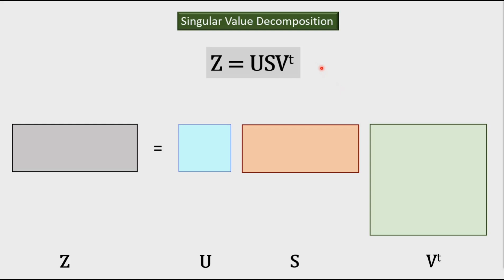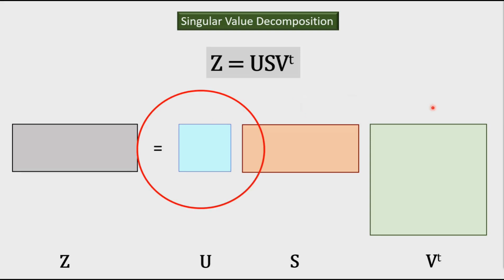Now, singular value decomposition applies to any matrix, regardless of whether it's long in the horizontal direction or in the vertical direction, or indeed even square. But just for simplicity, we will assume that Z is long in the horizontal direction. Any matrix Z can be decomposed into three matrices, U, S, and V, which have special properties which make their manipulation particularly easy.